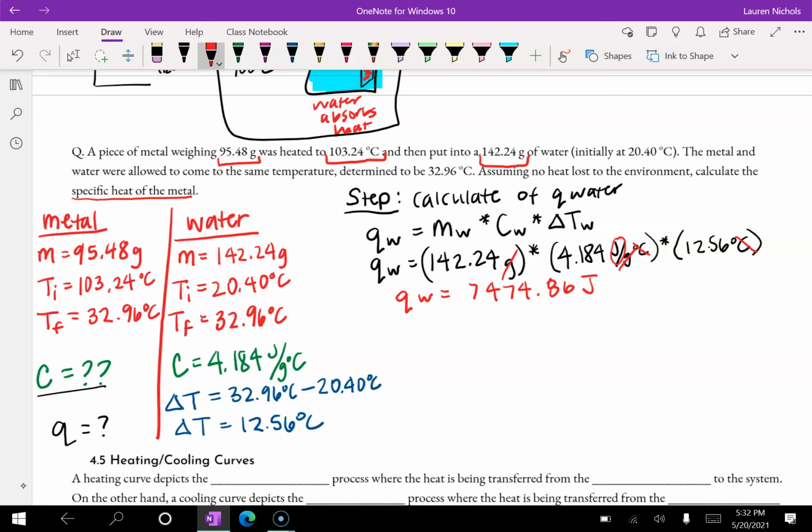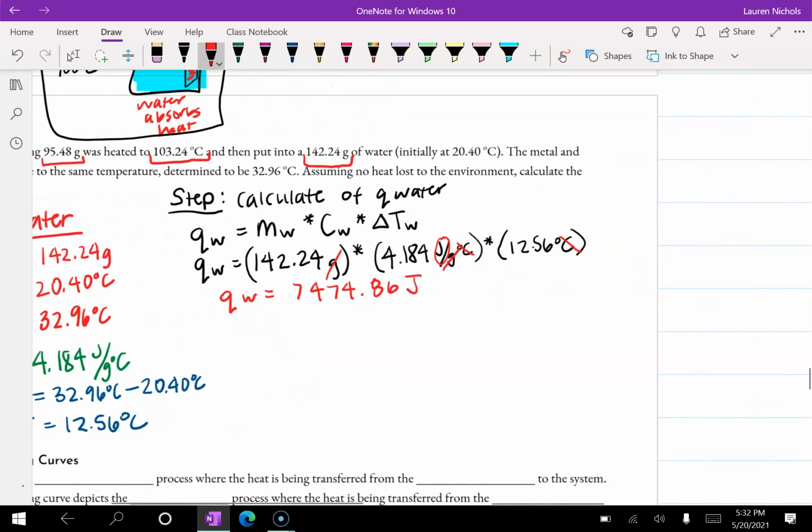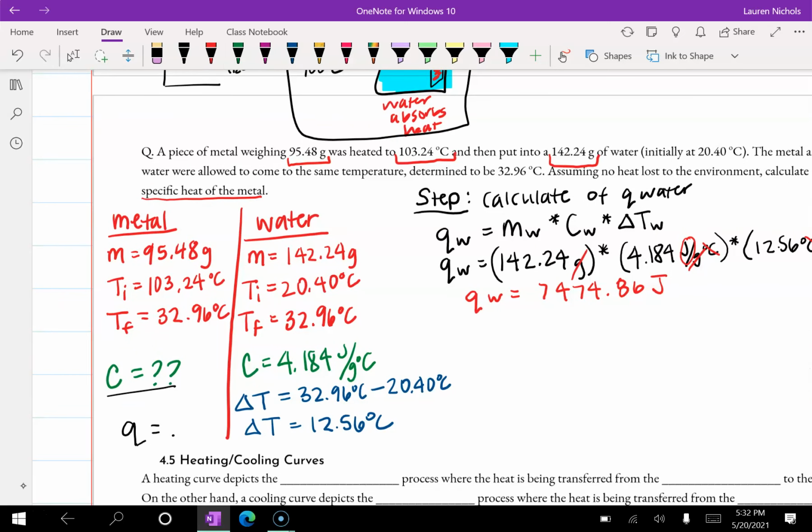And so we know that if Q of water is a positive 7,474 joules, what that tells us is that Q of our metal is going to be equal to a negative 7,474.86 joules. So basically you put a negative sign in front of that for Q of your metal.